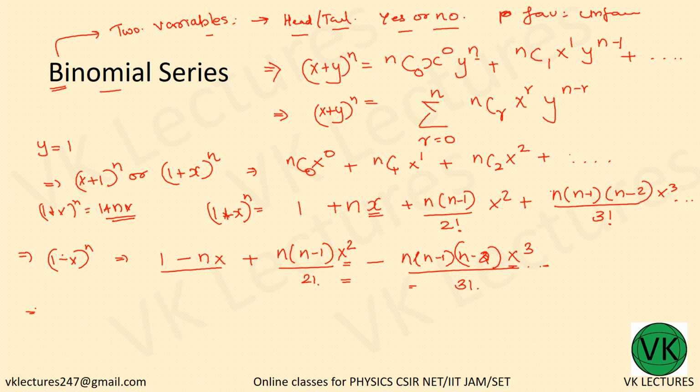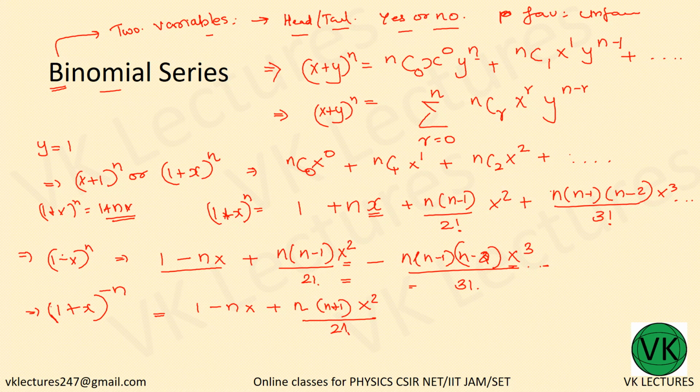Again you can write 1 plus x whole to the power minus n, this would be equal to 1 minus nx plus, here just change n to minus n, so this will become n into n plus 1 x square divided by 2 factorial.